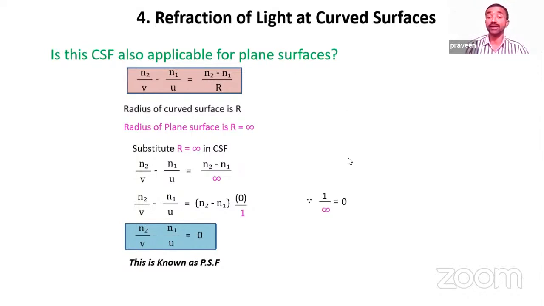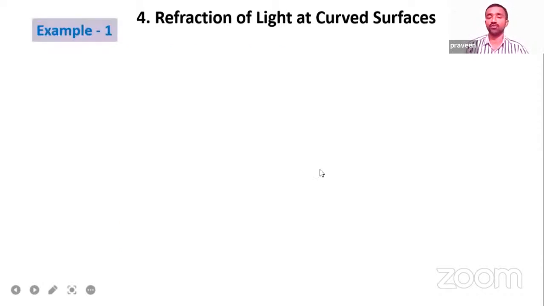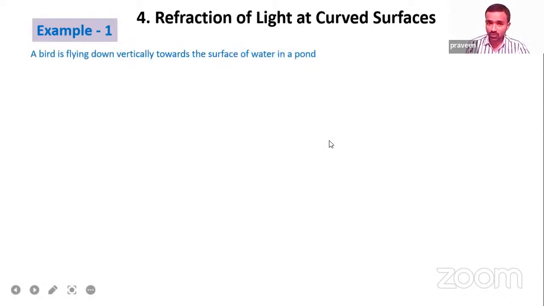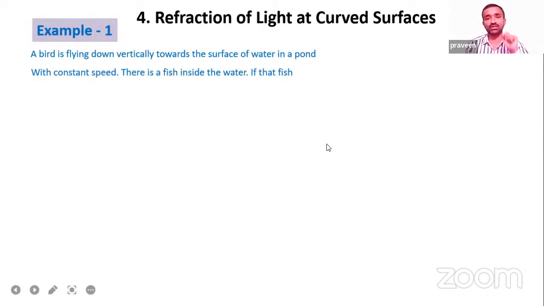That is example problems, applications of the curved surface formula and the plane surface formula. We will discuss one interesting problem in example 1. Look at it carefully. The problem is as follows: a bird is flying vertically towards the surface of water in a pond with constant speed. There is a fish inside the water.